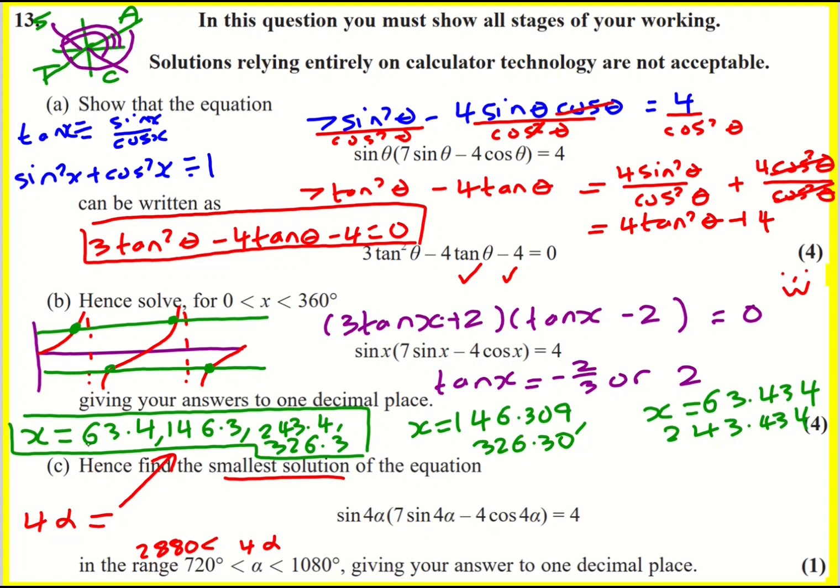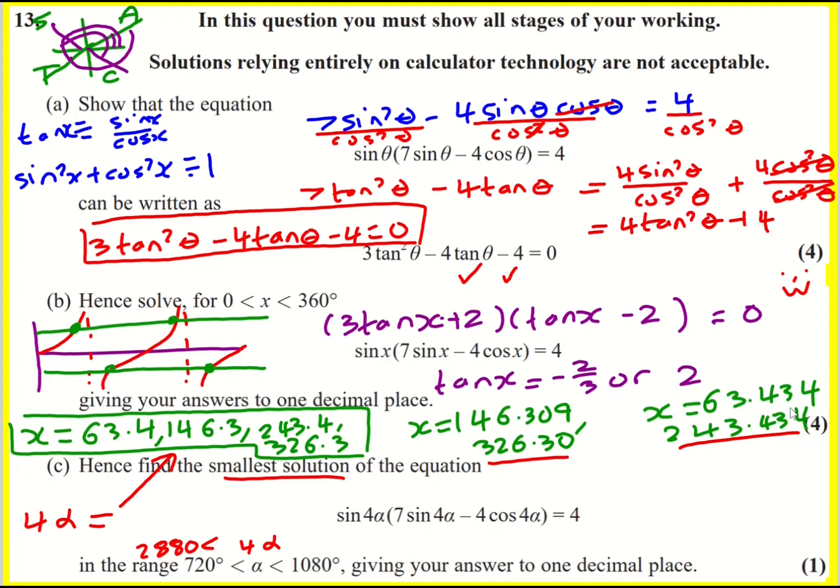Or in fact, I might as well start with these two. If I take the 326.3, you can do it even quicker, just add on quite a large amount. We can add on 10 times 180, so 1,800.